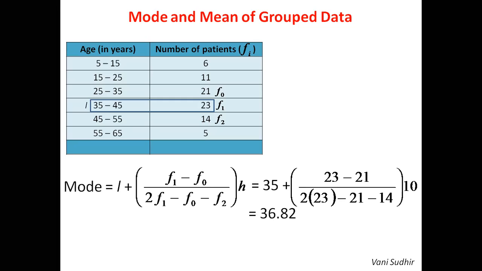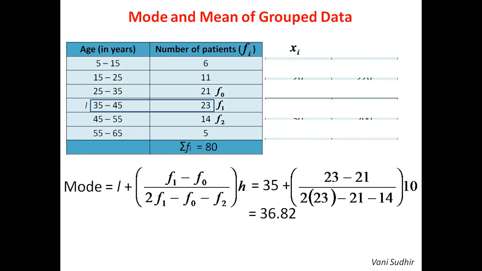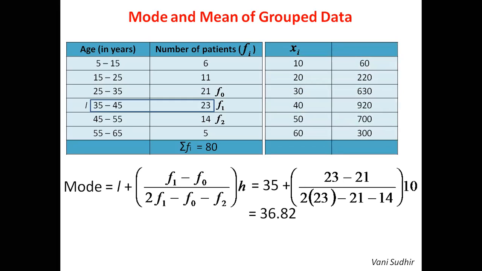We also need to calculate the mean. For mean, the total number of observations is required. That is 80 patients. Next, we have to find class marks, xi values, and also the column fi xi.